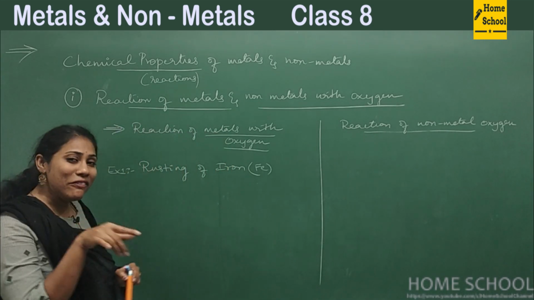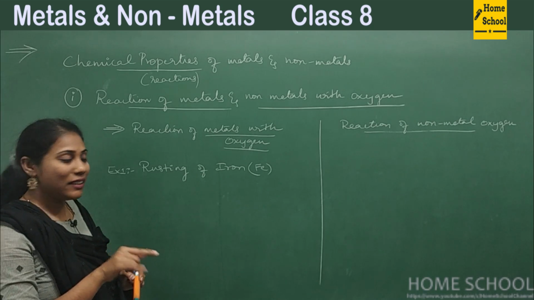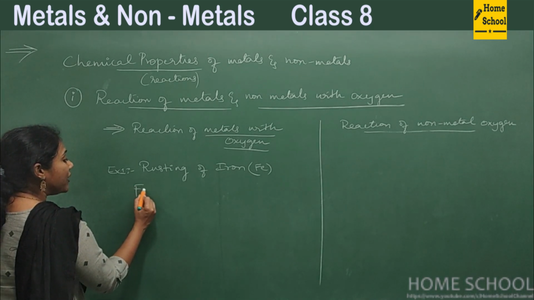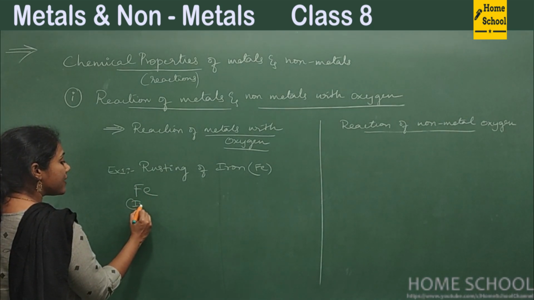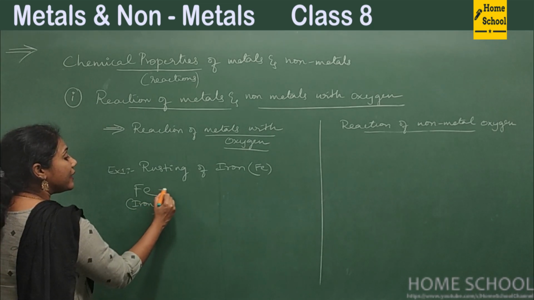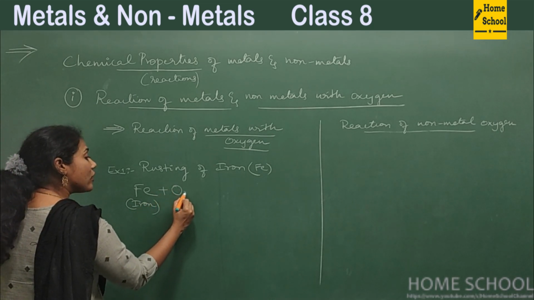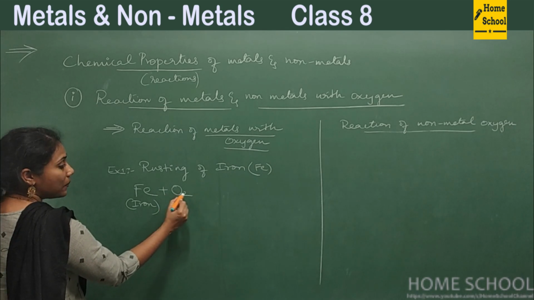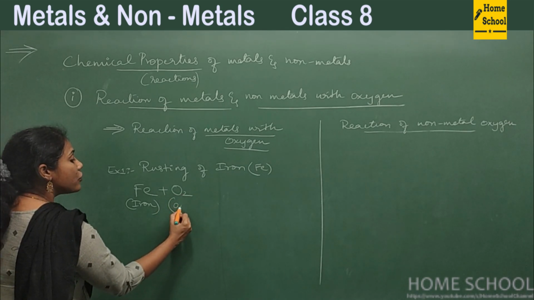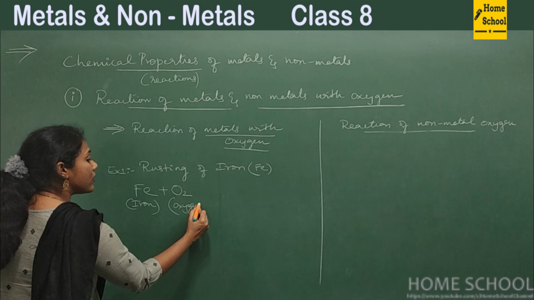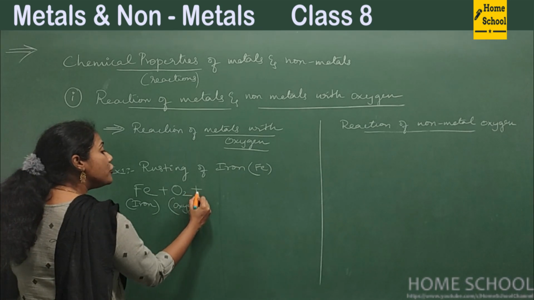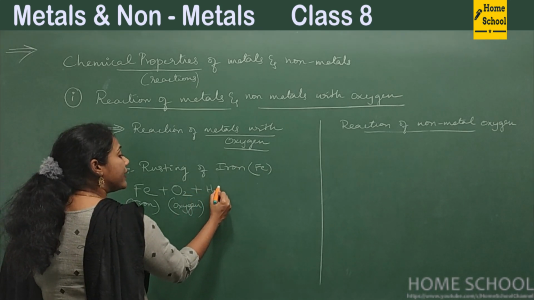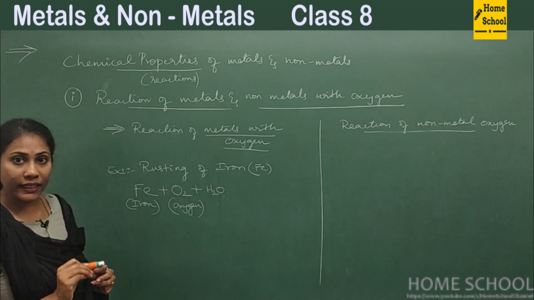So what might have happened here with the iron chair? This iron, Fe, is the symbol. This iron would have reacted with oxygen. The formula of oxygen is O2. It also would have reacted with water. H2O is water, right?